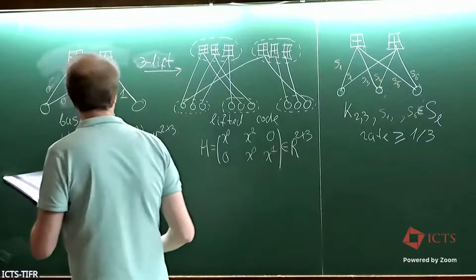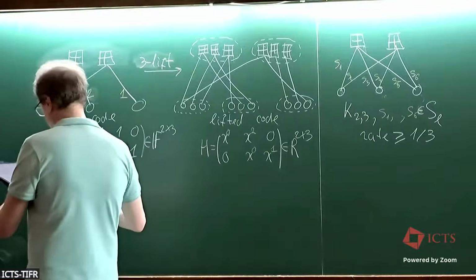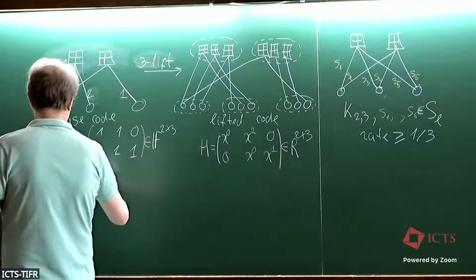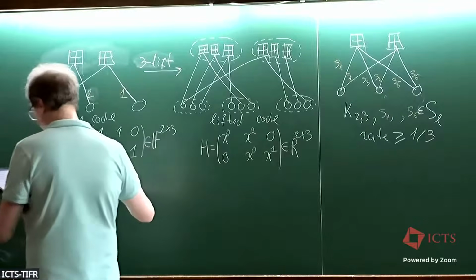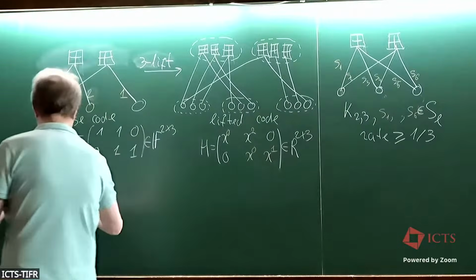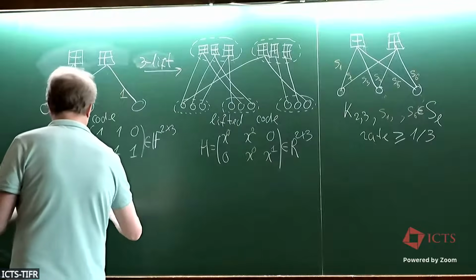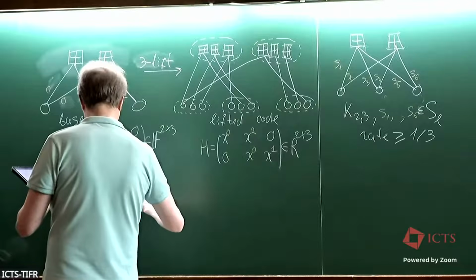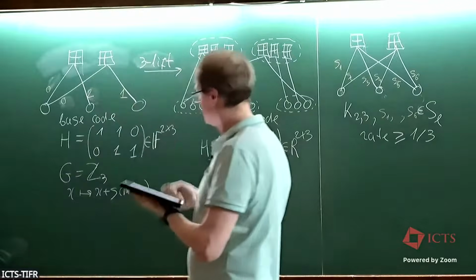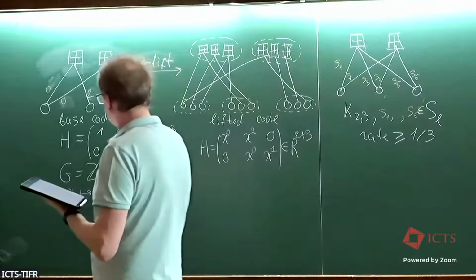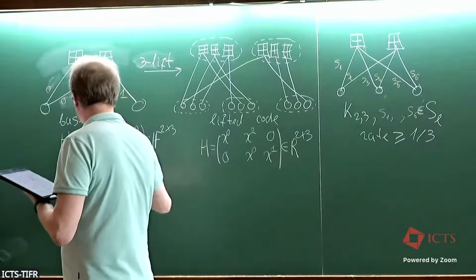Here I use a particular example, what is called a group lift. We have a group, and we have this permutation, which is given by x plus s modulo 3. This is our fiber.